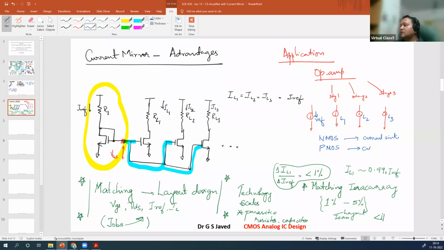So that will be a current source per se. We will just come to this in the next few slides. I will explain how that happens, because that is going to work with both opportunities.